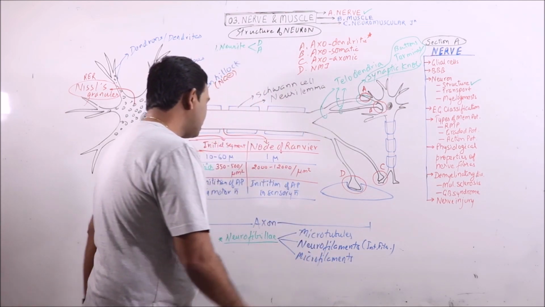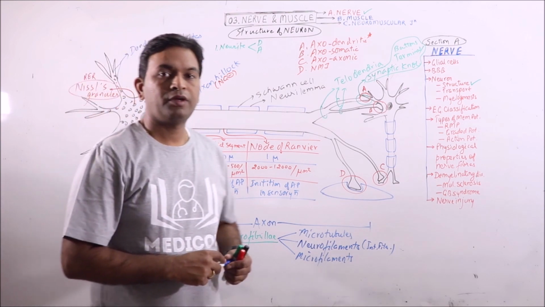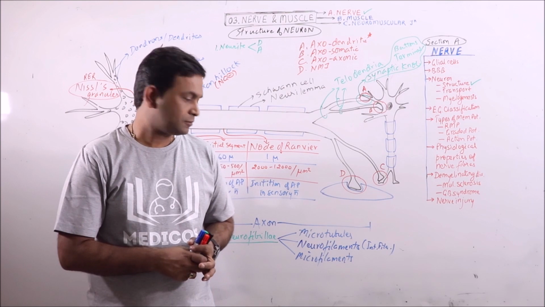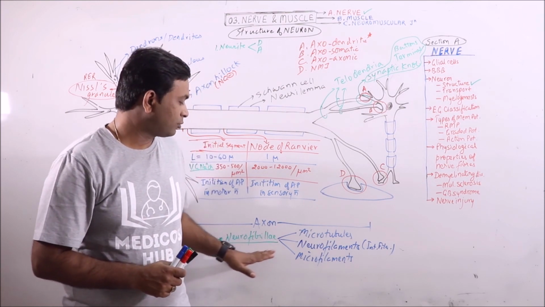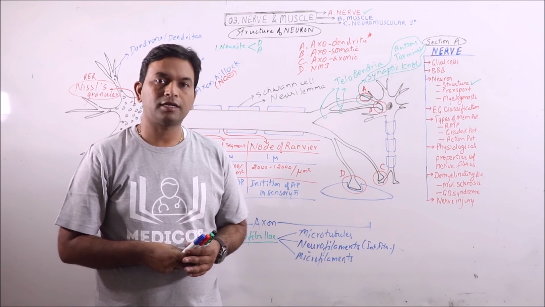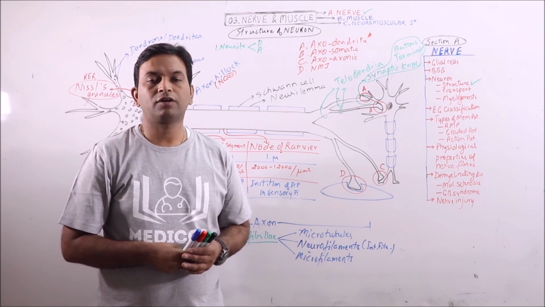So these all are neurofibrillae. Clinical importance is that in Alzheimer's disease, the proteins involved in the formation of neurofibrils are altered and neurofibrillar tangles are formed. So this is the structure of neuron.